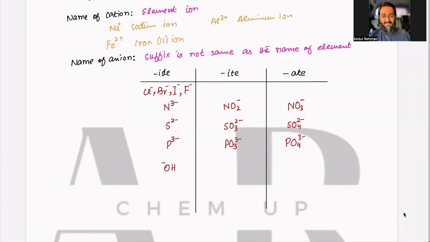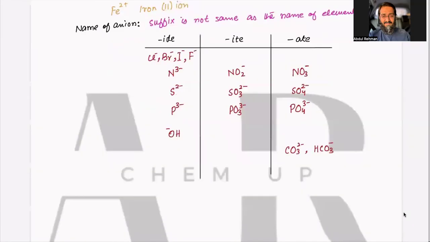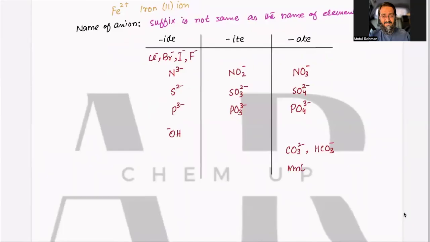Okay. Then we have CO3 2- and HCO3 -. One is carbonate and the other one is hydrogen carbonate. Okay. Then we have MnO4 -. What would it be called?